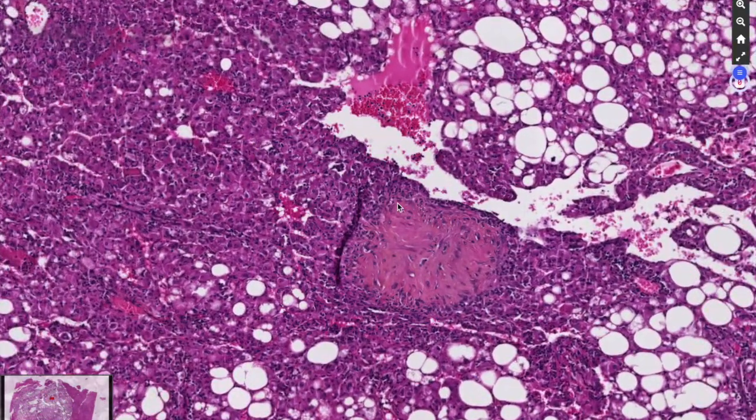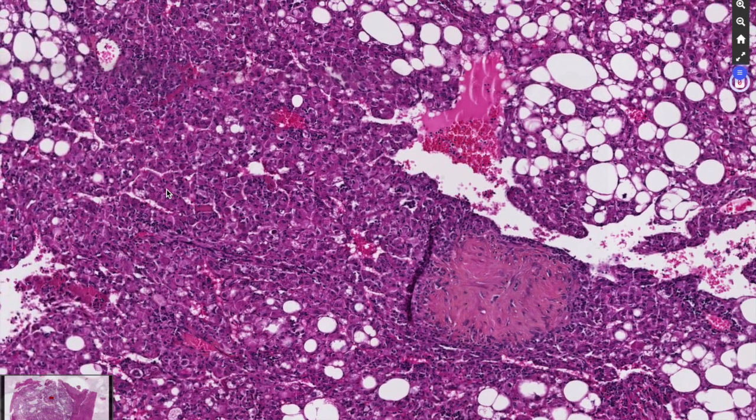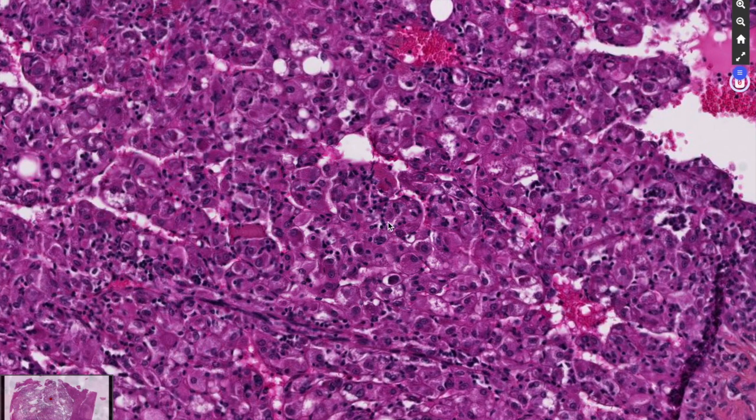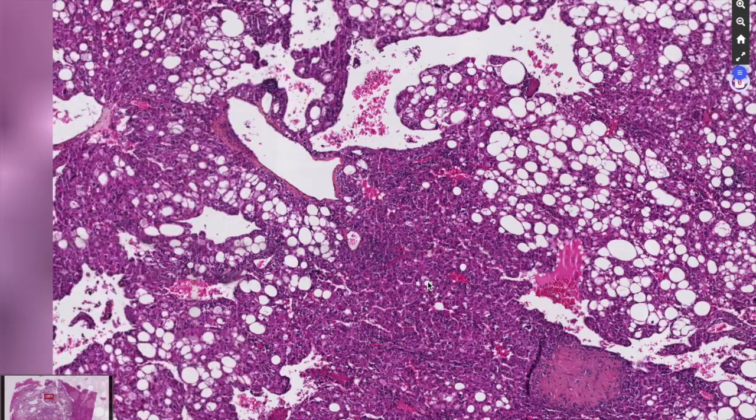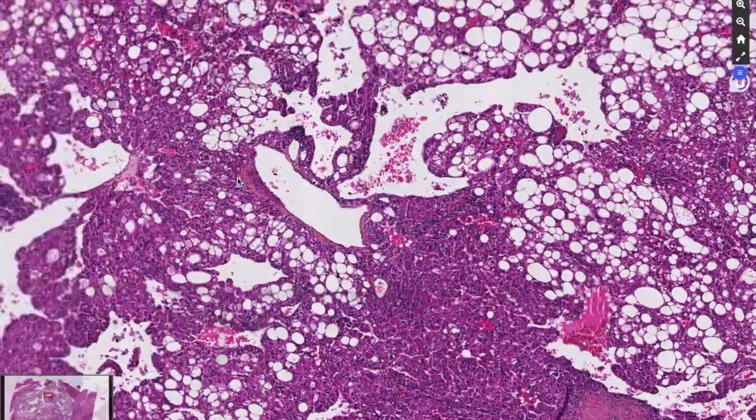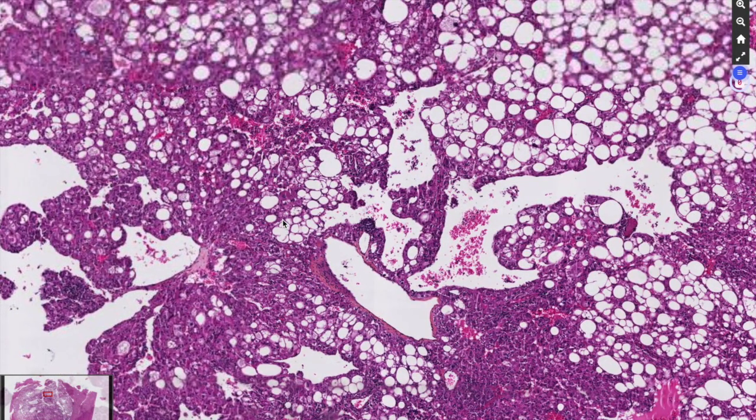You have here what seems to be a vessel, a fibrotic vessel. Again, these look like hepatocytes with eosinophilic cytoplasm, and the appearance is like this throughout the whole tumor.